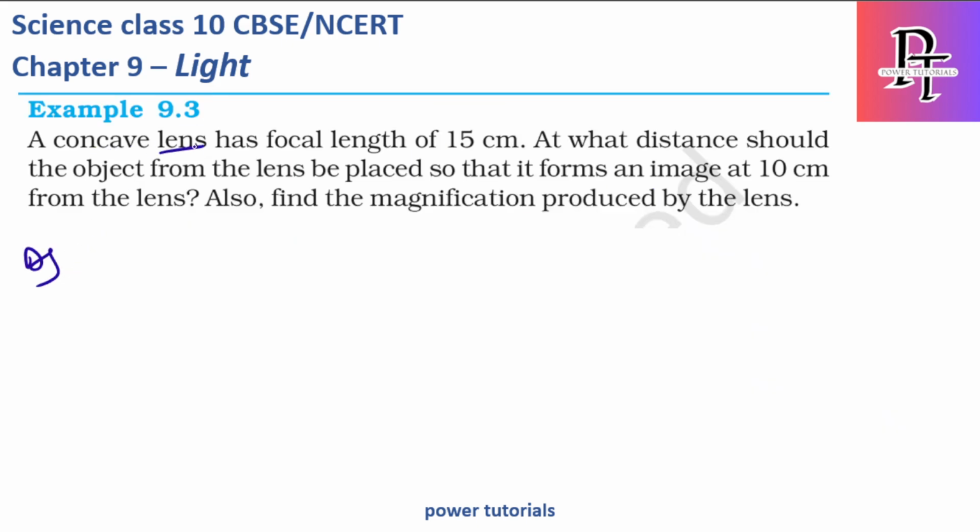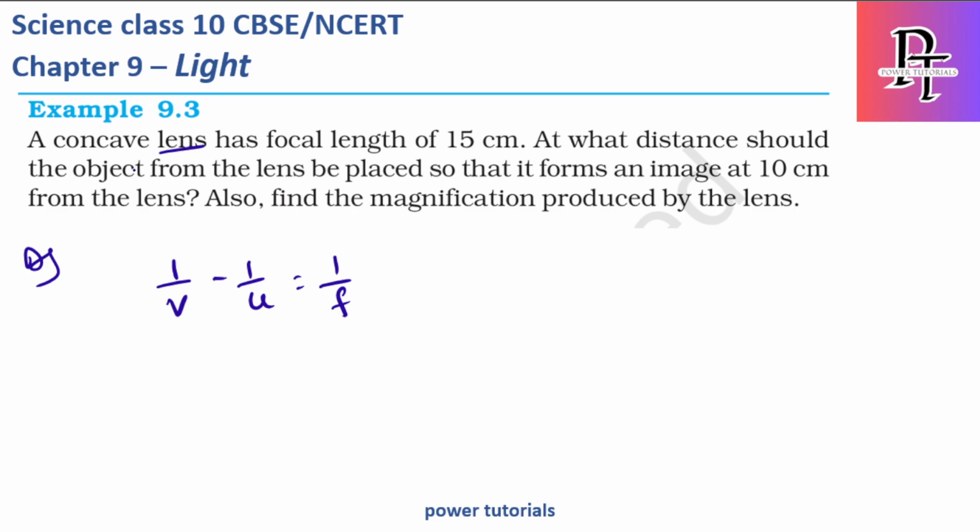So concave lens. First of all, the lens formula is 1 by v minus 1 by u is equal to 1 by f. For concave, I told you the focus is negative, whereas for convex the focus is positive.